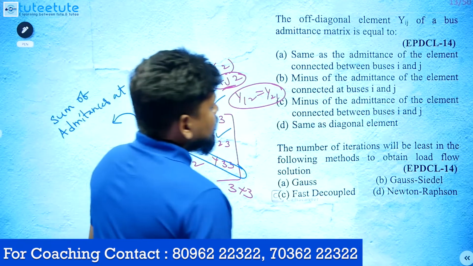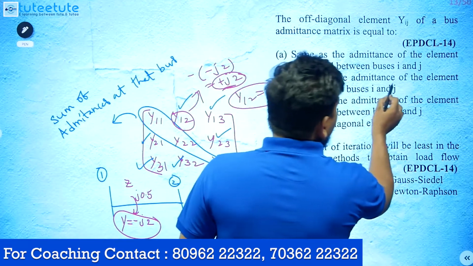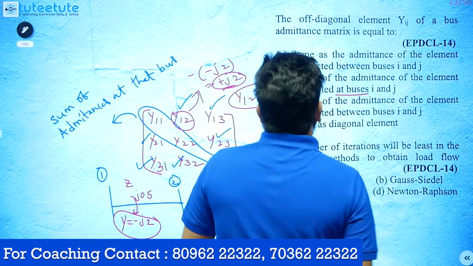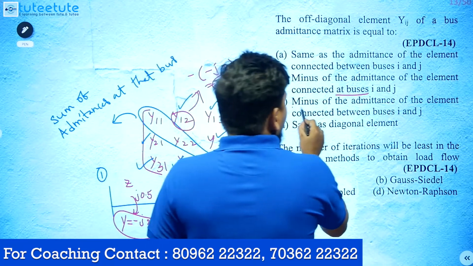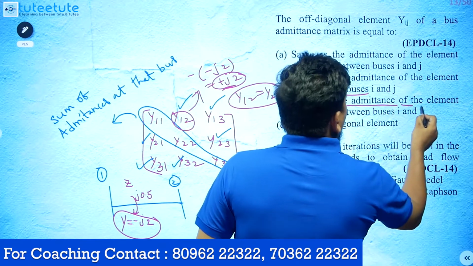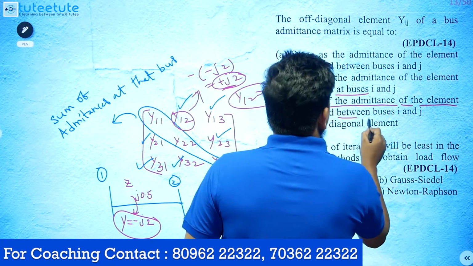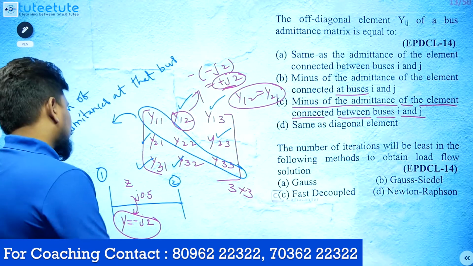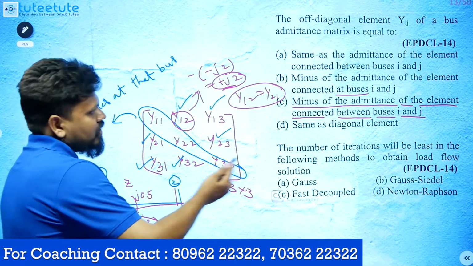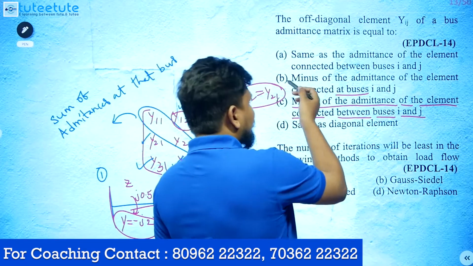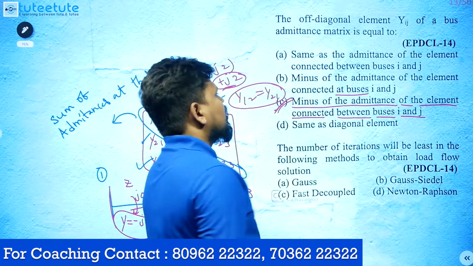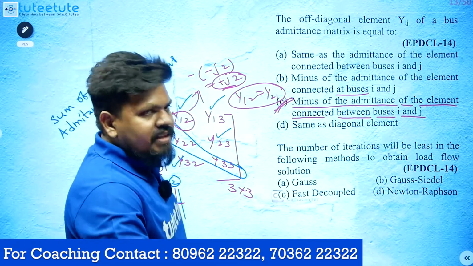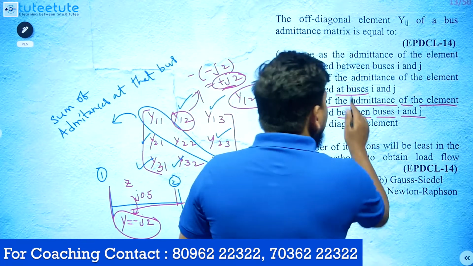Minus of the admittance of the element connected between buses I and J, that means between these two, is the correct one. See how they have given the option. Option C: between 1 and 2, whatever is there, minus of that admittance we have to consider, not at the buses.